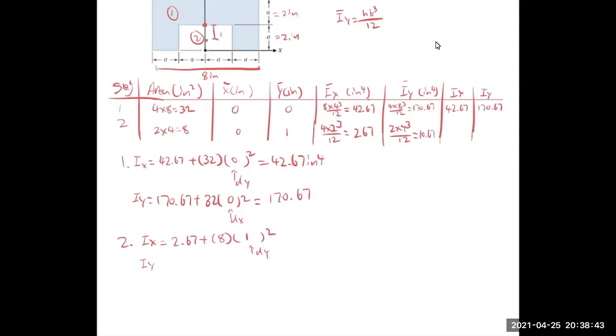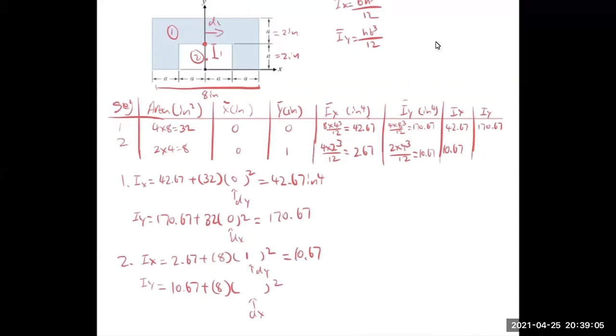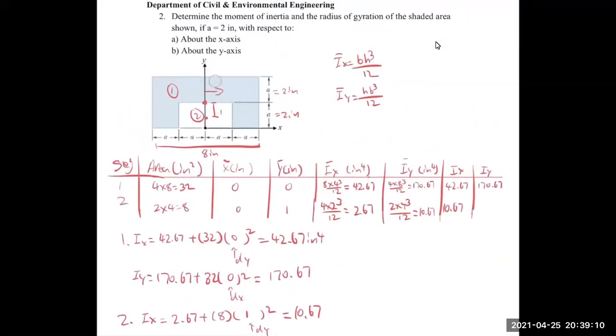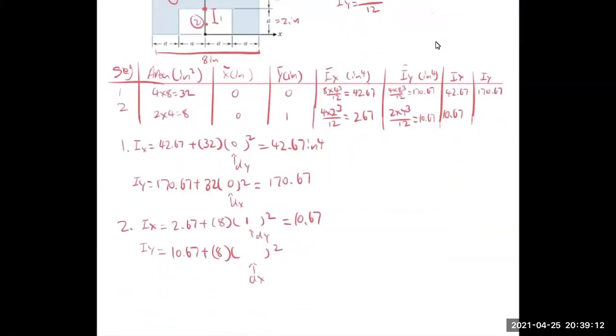So let me see what I got. 2.67 plus 8, 10.67. And then Iy will be 10.67 plus the area, A, times dx. You know they don't have any dx because they are along the same y-axis. So this one will be 0, and this thing will be 10.67.